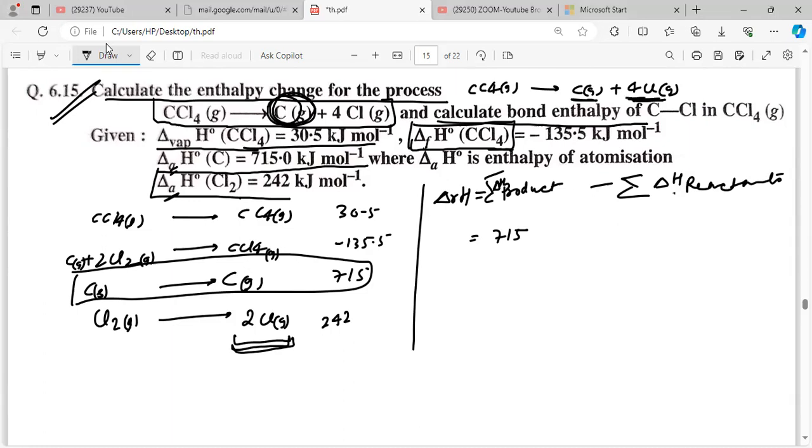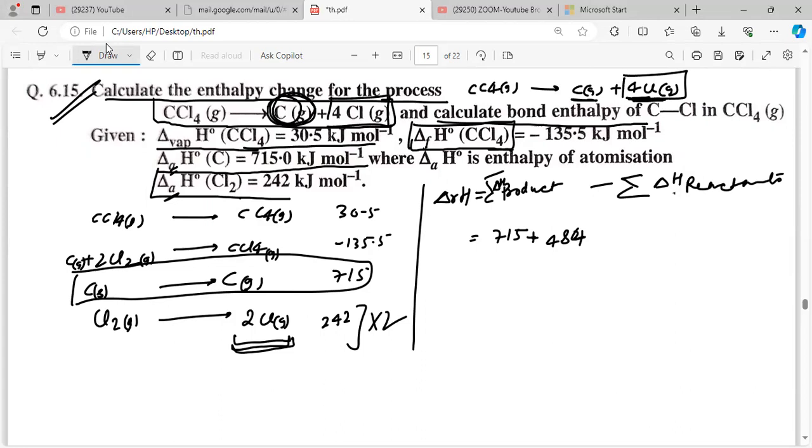But here 4Cl is required, and how many Cl have they given? 2. So we have to multiply by 2, so 484 will come. Why did I multiply by 2? Because in the required reaction, there are 4 Cl. You can see.